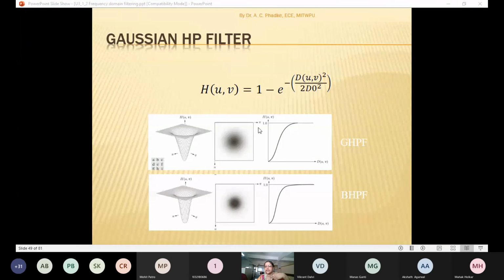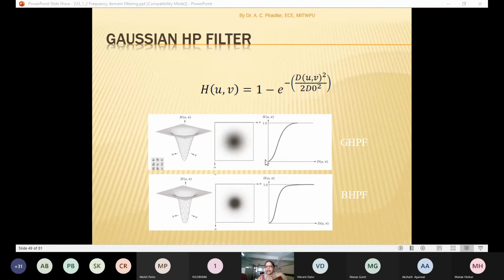In the third image, you can observe D(u,v) versus H(u,v), which is the projection of this image on the vertical plane. And as this is symmetric around this axis, we are indicating only half of the portion of this vertical plane.